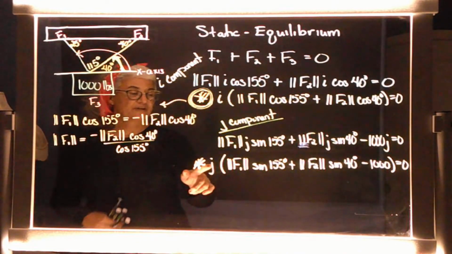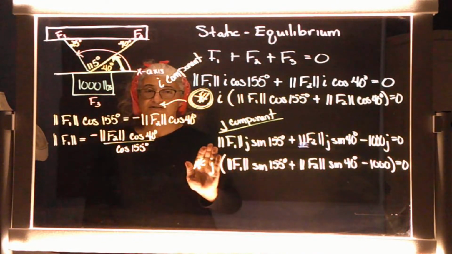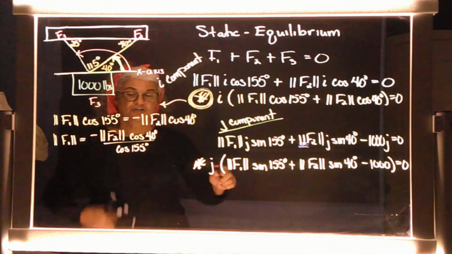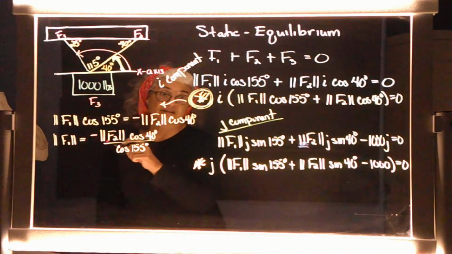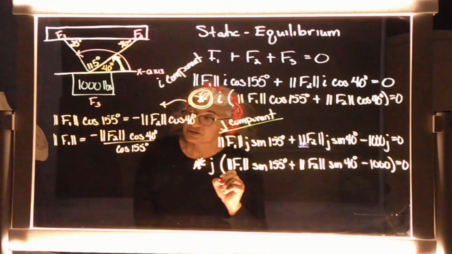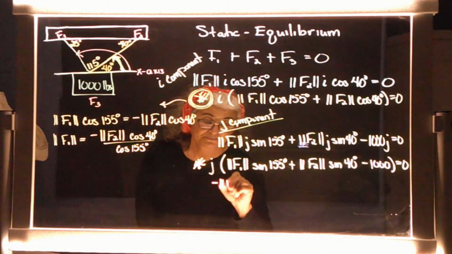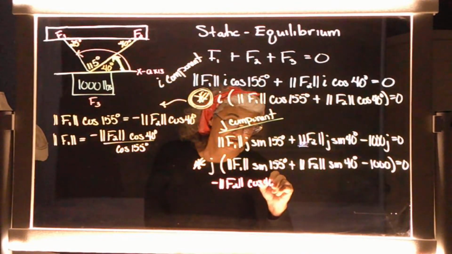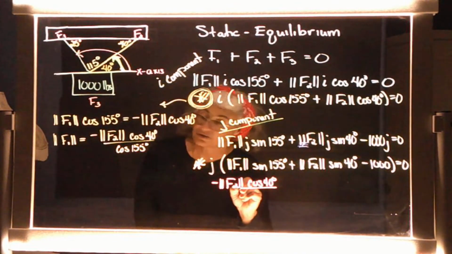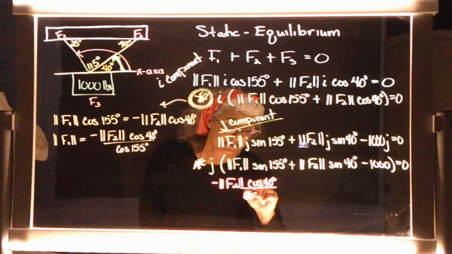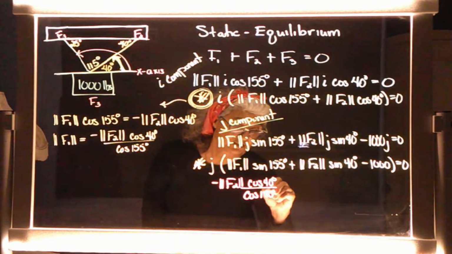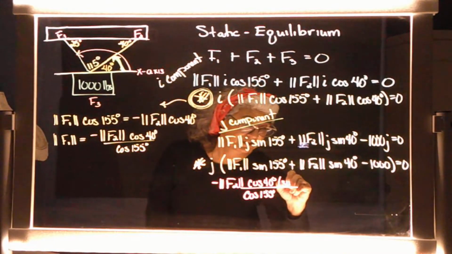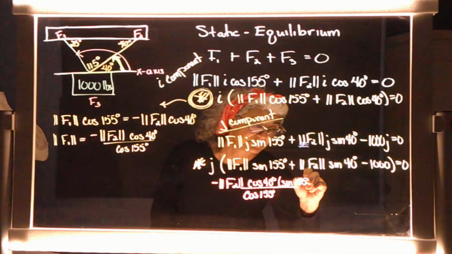Okay, I'm going to divide both sides by J, so this J is going to be gone. With me? All right. So I now have F1 equal to this lovely little fraction. So, cosine of 40 degrees over cosine of 155 degrees times the sine, I'm going to put it up top here, of 155 degrees.